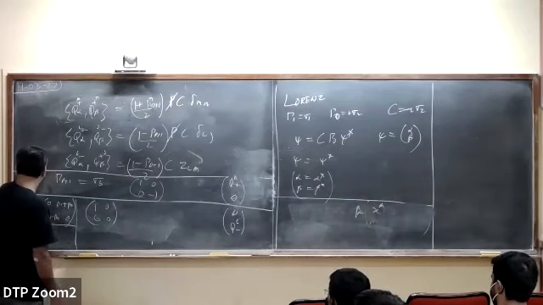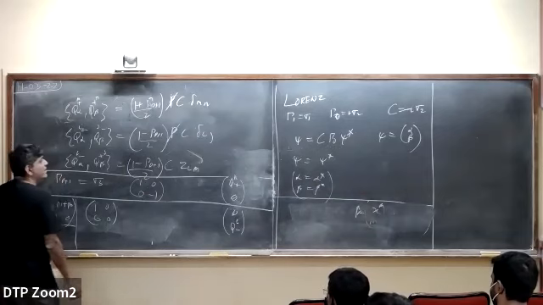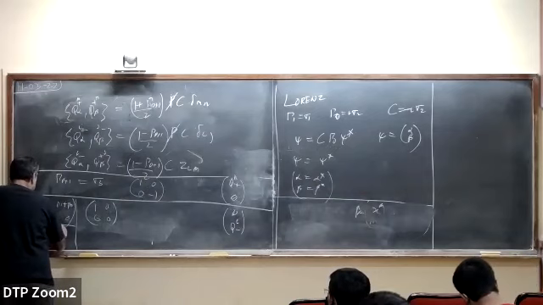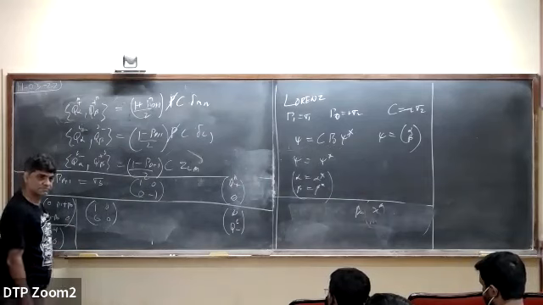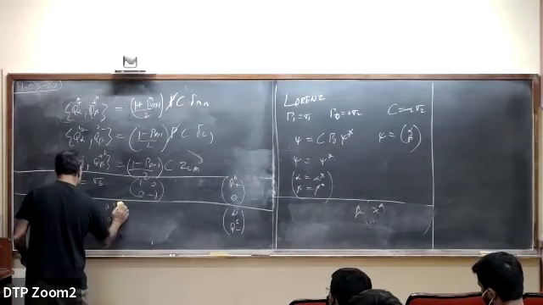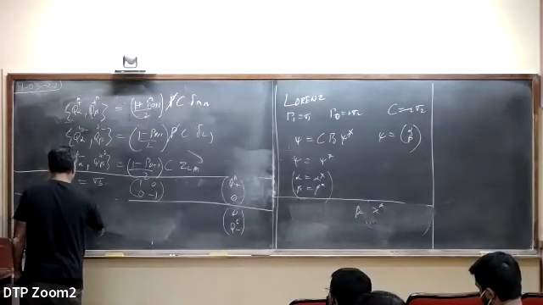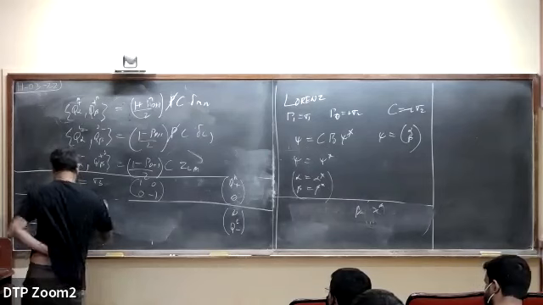Great. So where were we? P slash was this, and we wanted minus i times sigma 2, which was 0, -1, 1, 0. So now let's work it out. P slash, just put this here. This guy times 0, -1, 1, 0.